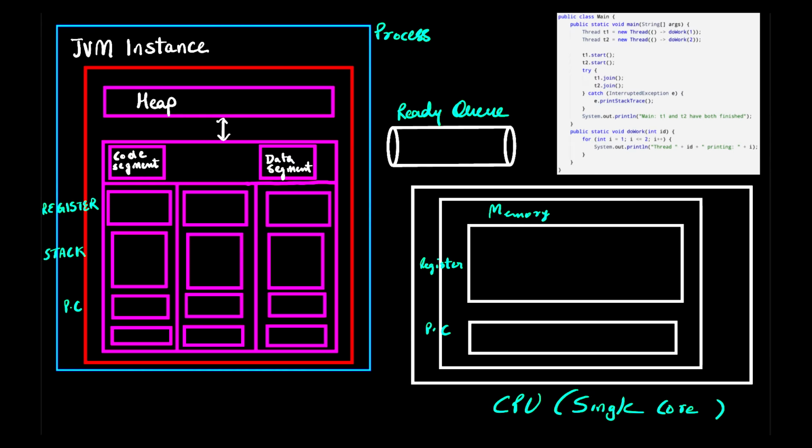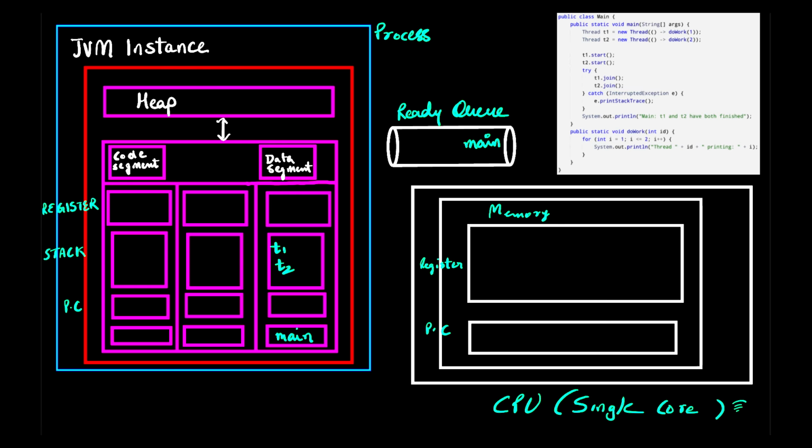Alright, now let's take an example where we demonstrate how multithreading works in a single core CPU. When the program begins, the operating system creates the main thread and puts it into the ready queue. A stack frame is allocated to the main function with local variables T1 and T2, which are currently uninitialized.